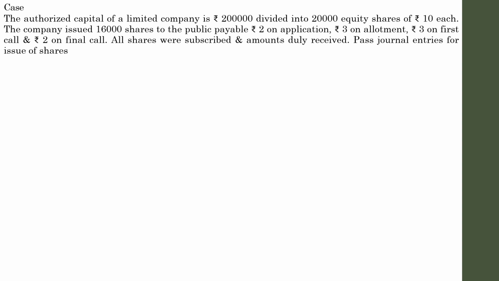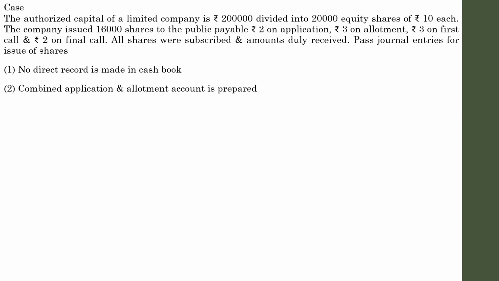And in this question you are asked to prepare the necessary accounts on the basis of these 3 situations. So what are these 3 situations? First one, no direct record is made in the cash book. No direct record is made in the cash book means the cash transactions need not be entered in the cash book.